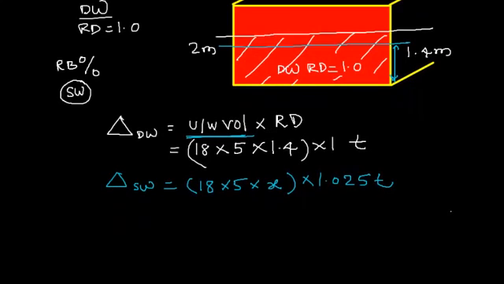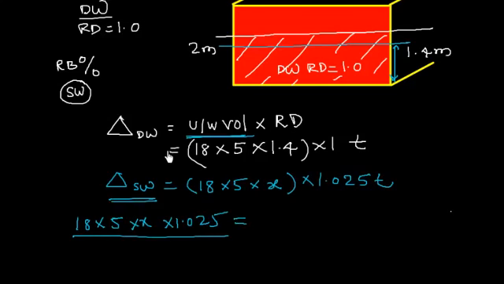Okay, so we can figure it out here. Let's do this: 18 into 5 into X into 1.025. This saltwater displacement is equal to the dock water displacement, which is 18 into 5 into 1.4 into 1.